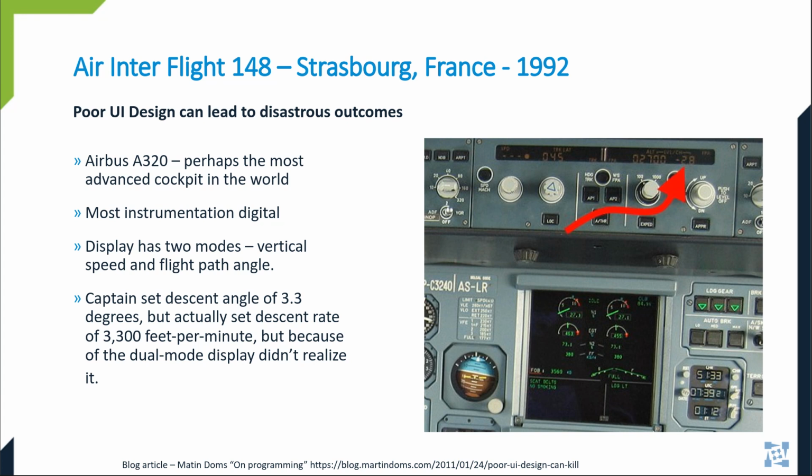What had happened in this case was that the captain set a descent. He thought he set a descent angle of 3.3 degrees, but what he actually had done is set a descent rate of 3,300 feet per minute. Because of the dual mode display, he hadn't noticed it, and because of that, the aircraft ended up being lost with a lot of the passengers as well.